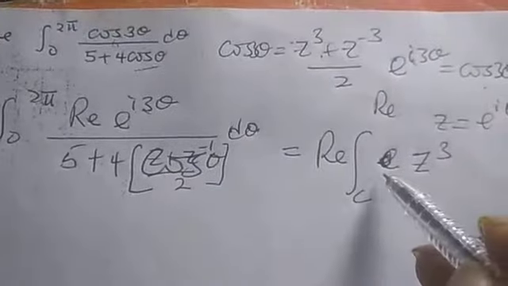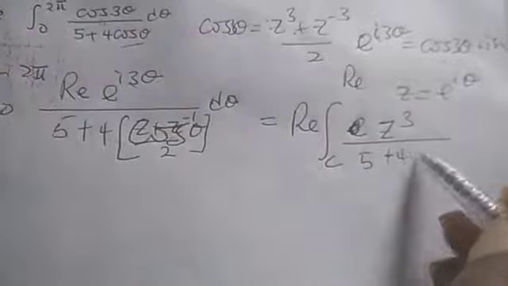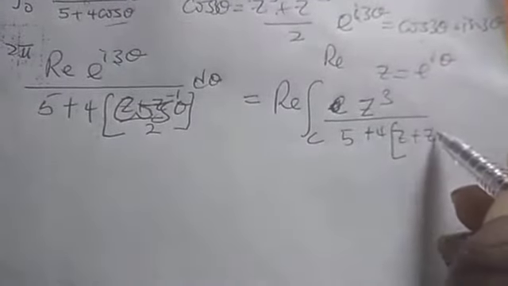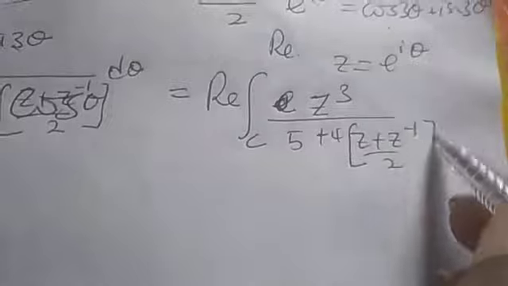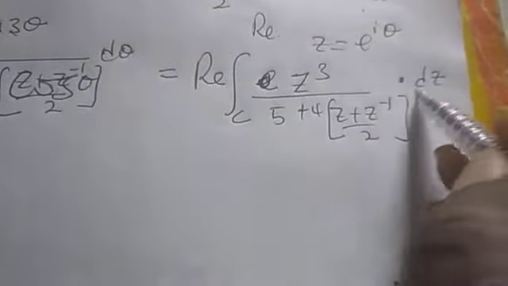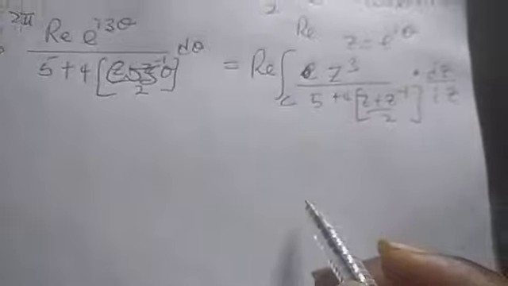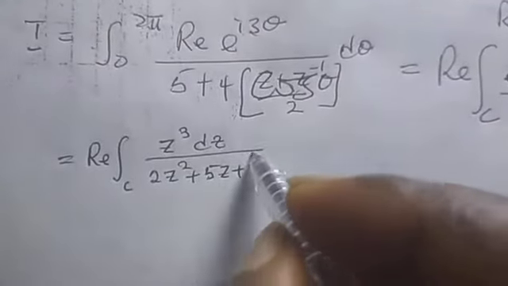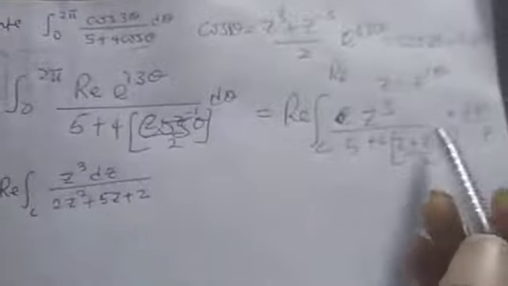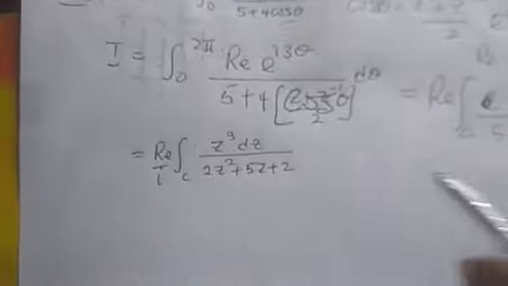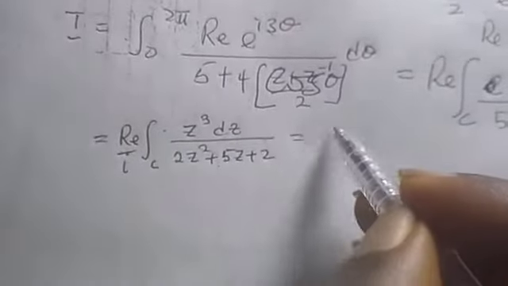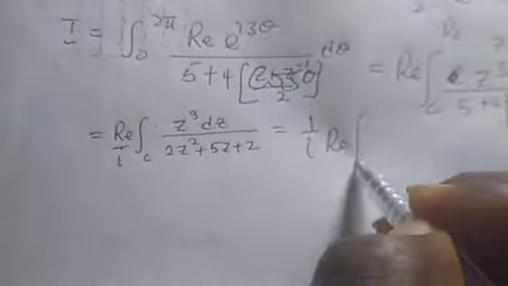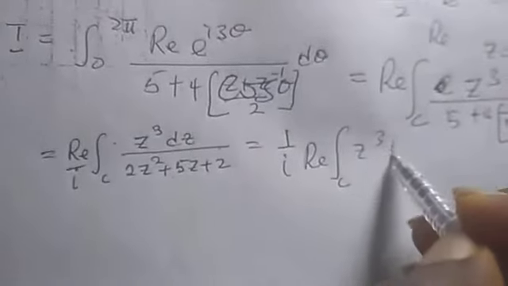This, one over 5 plus 4 into z plus this, that is for cos, over 2, times this dz over iz. Then we now need to simplify this further. And when we simplify, we should have this. Don't forget there's I here. So let me put 1 over I there. So this is easy to factorize. This one is easy to factorize, unlike the ones we were getting before.